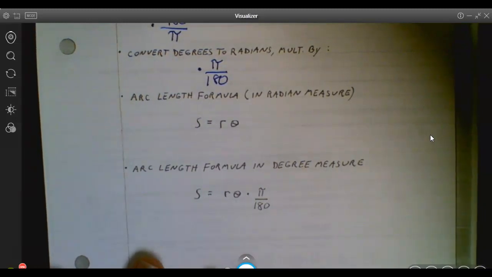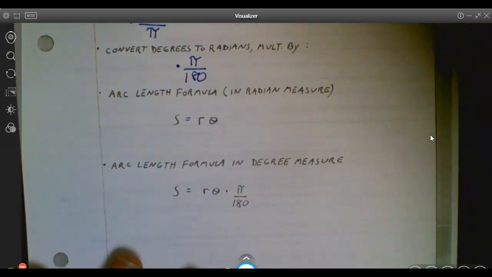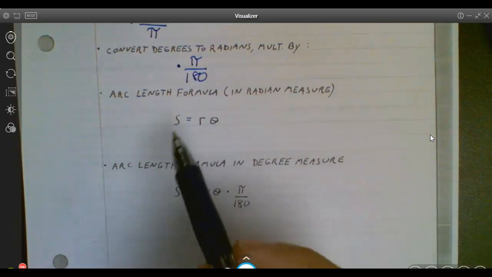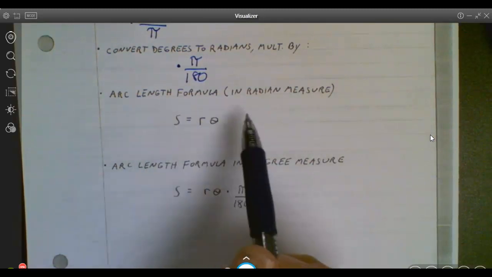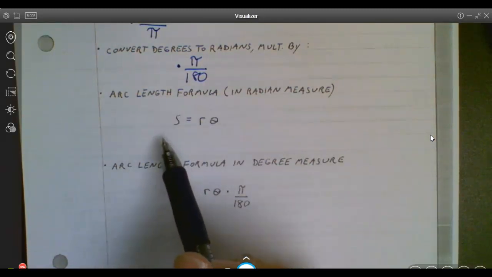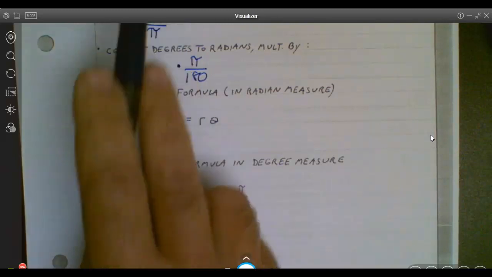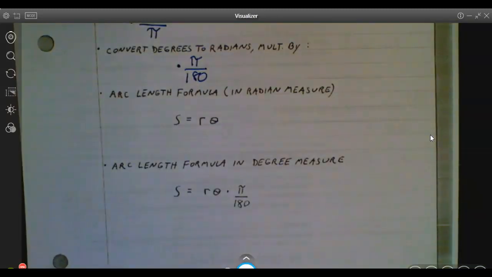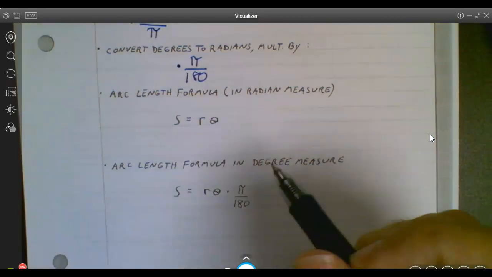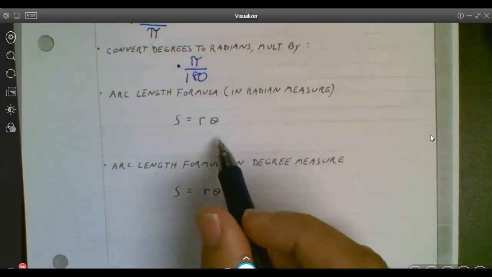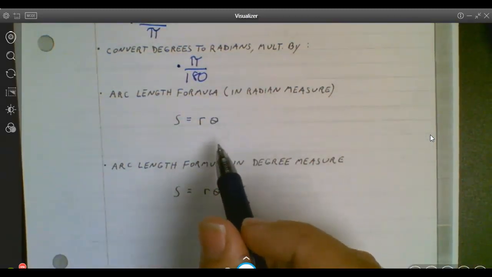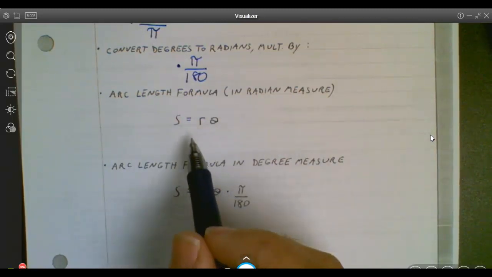So for the arc length, and this is always done in radian measure, a little formula that we get for the arc length, and that was like the A value that you were seeing up above, right? As we travel around the circle and the arc gets bigger and bigger and bigger, we're looking at the length of that arc as we travel around the circle.